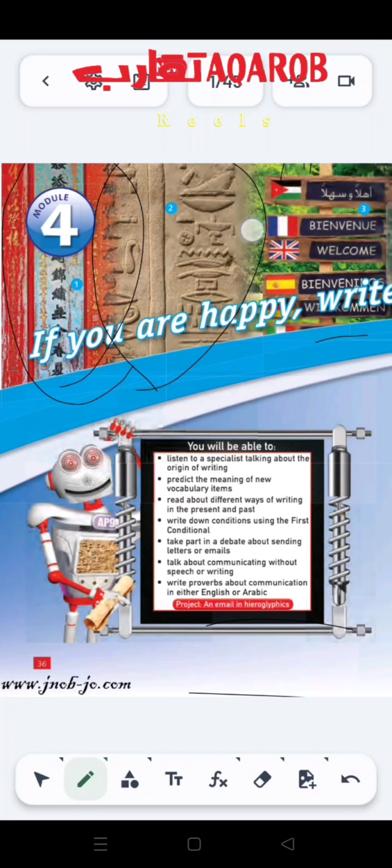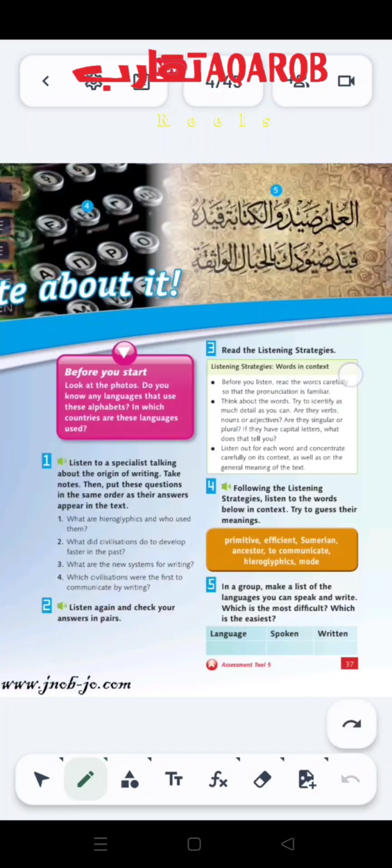What about picture number 3? It's a welcome sign for tourists in different languages. So we have Arabic, French, English, Spanish, and German. Picture number 4, it's actually an old Russian typewriter.